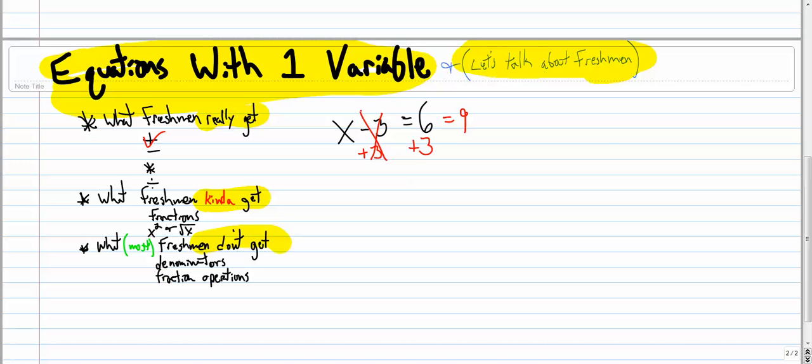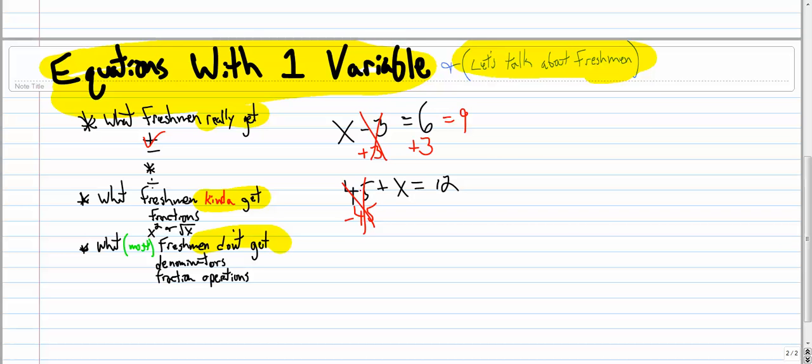Another thing they get: if you had 45 plus x, and let's say that equals 12, they understand that if you want x by itself, you've got this 45, and even though there's not a positive sign written there, that 45 is positive. So to get rid of that positive 45, you subtract 45 from each side.